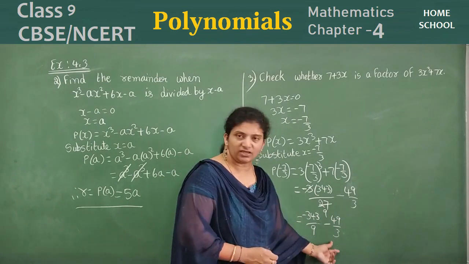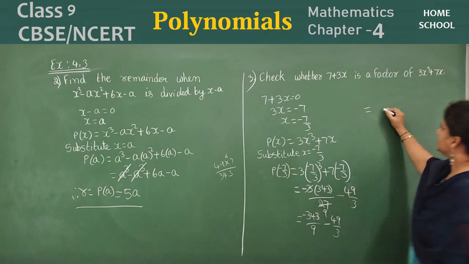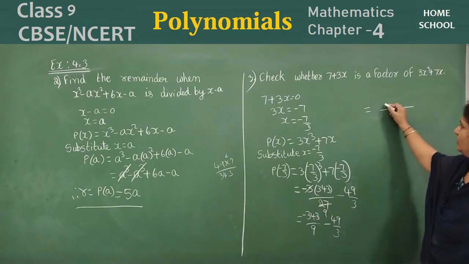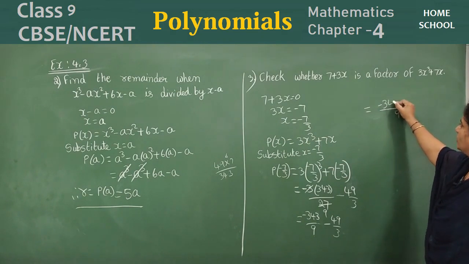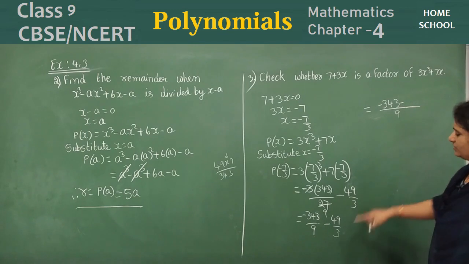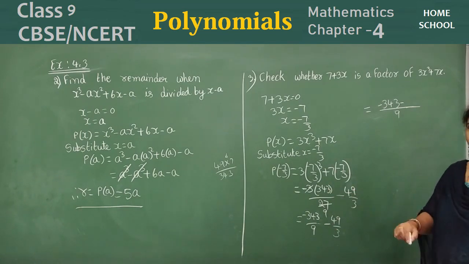Now 9 and 3, LCM is 9. Let's do that problem here. LCM is 9. And now minus 343 minus, so observe here, 3 table where you get 9. 3 3s are 9. That 3 multiply here.